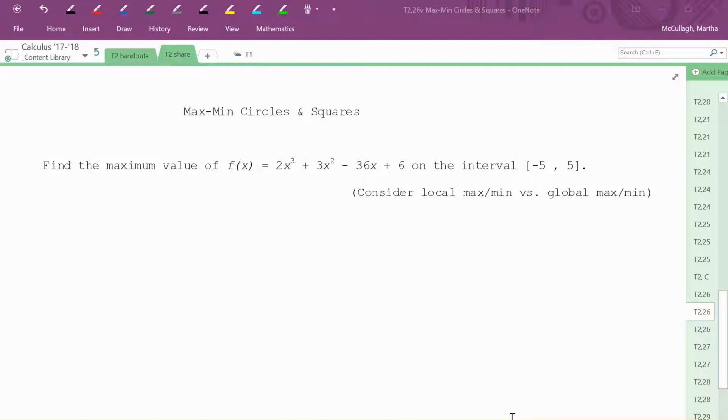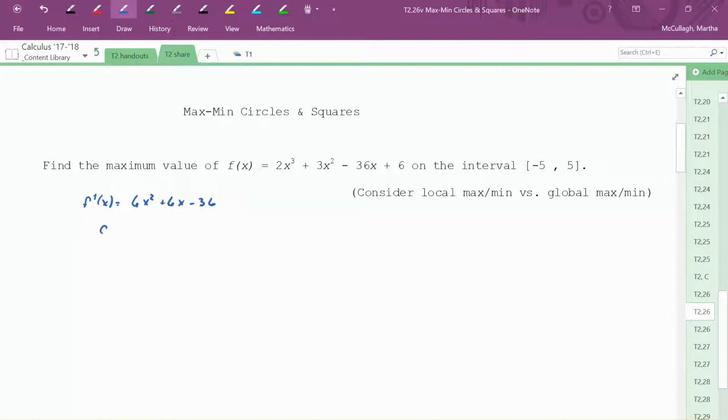Okay, so now let's go ahead and talk about this problem. If I want to find the maximum value on this interval from -5 to 5, if I know I want to find a max or a min, I know I'm going to be taking a derivative. So f prime at x is equal to 6x squared plus 6x minus 36.